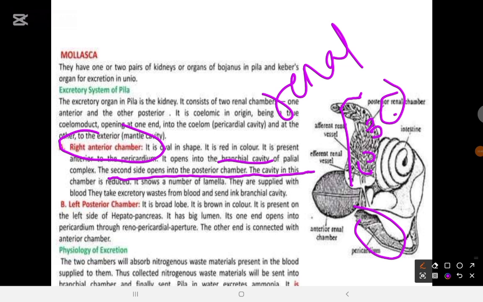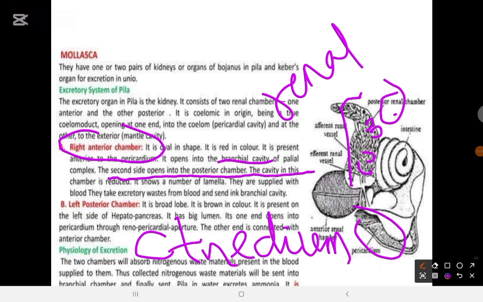Is that okay? Because they respire, it depends on the species of mollusca, but aquatic mollusca respire with the ctenidium.